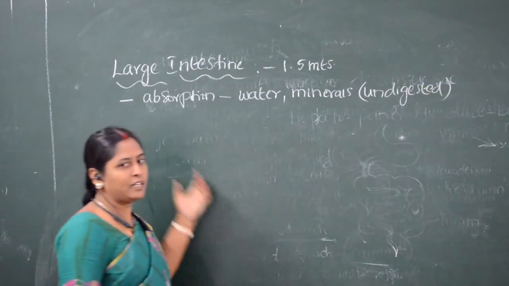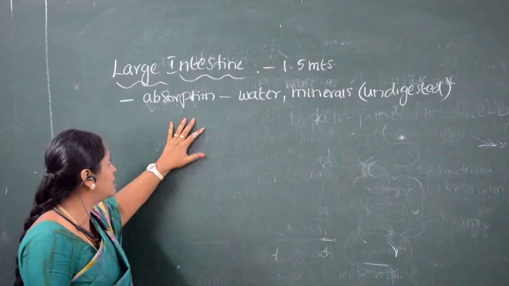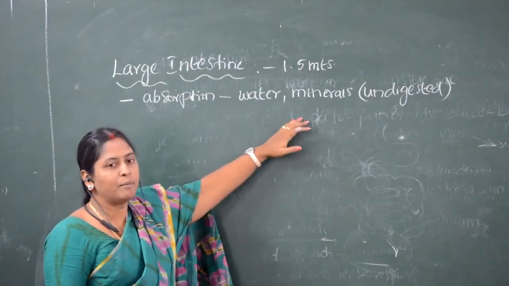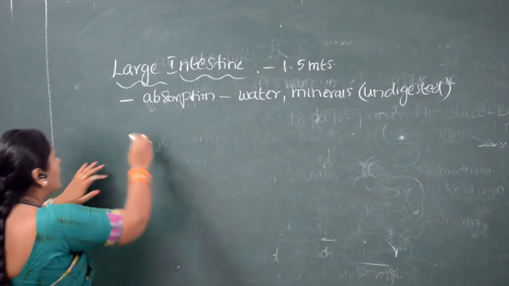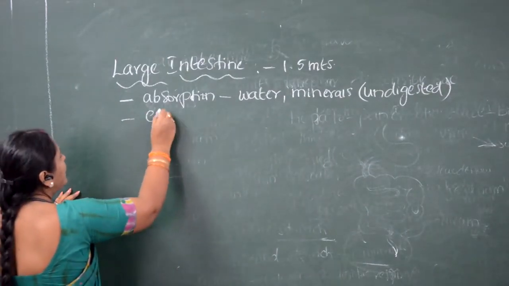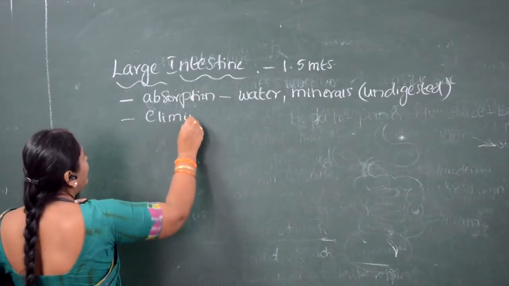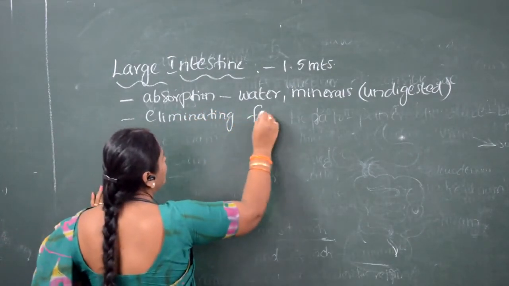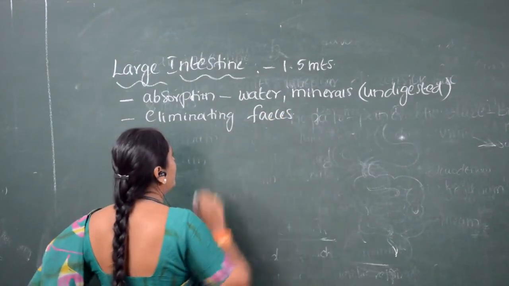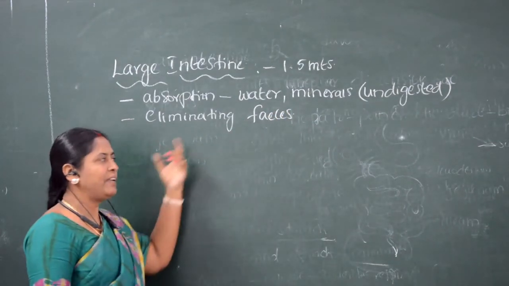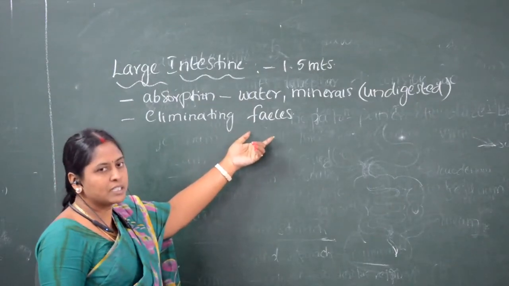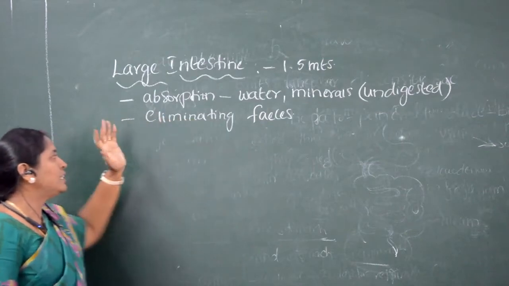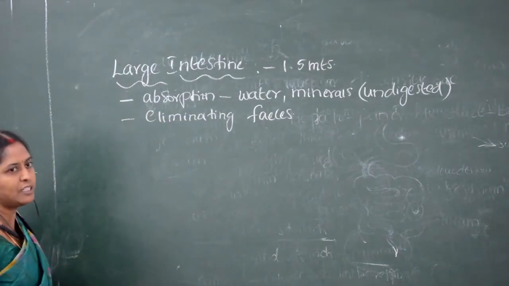The main function of the large intestine is absorption of water and minerals from undigested food materials, and also eliminating feces, or we can call it eliminating fecal matter or excretory products of undigested food material. So this is the main function of the large intestine.